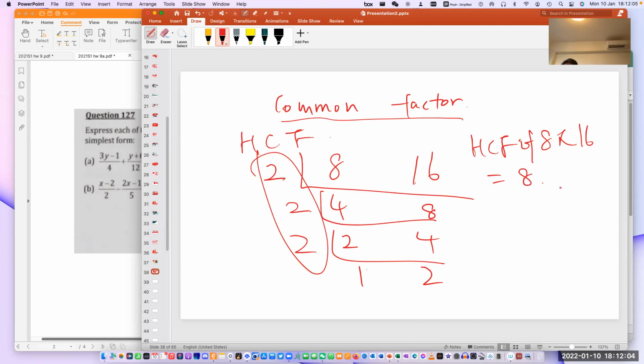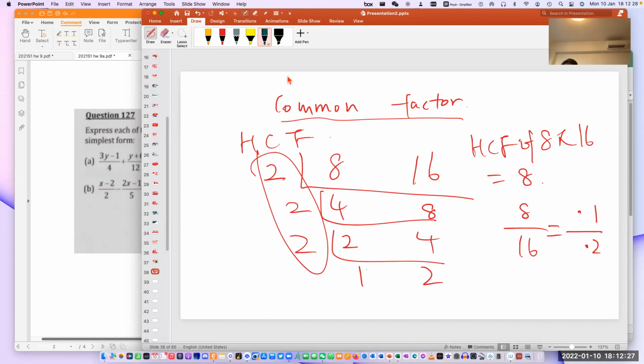So in fact, if you have 8 over 16, you should split the 8 into 8 times 1, and then 16 is 8 times 2. Can you see that you have a common factor here? And if you have both 8, what can you do? Cancel.